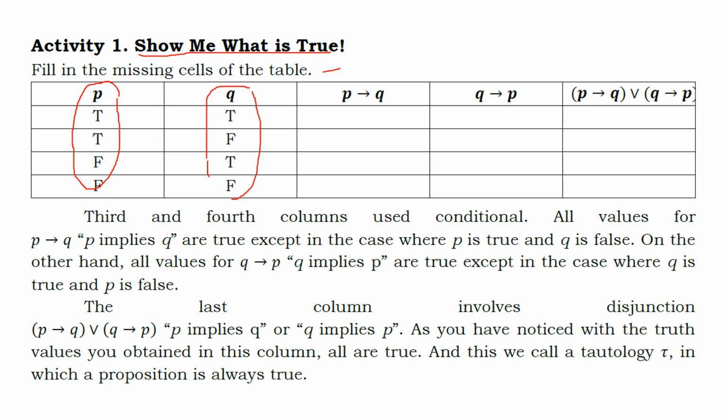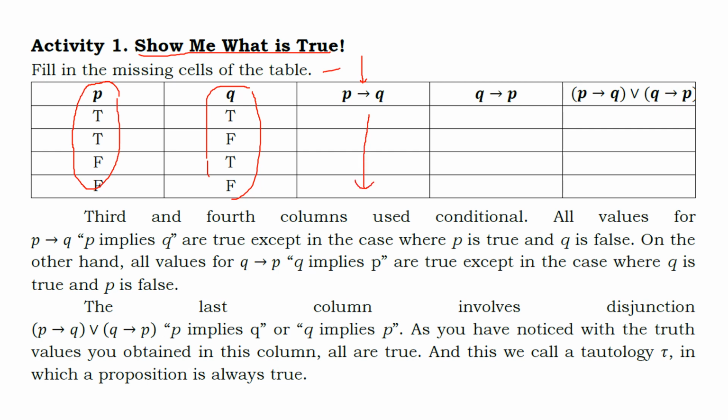Now we combine these two propositions, P and Q, with this logical operator, the conditional. If the first proposition is P and the second proposition is Q, what will be the truth value using the conditional?